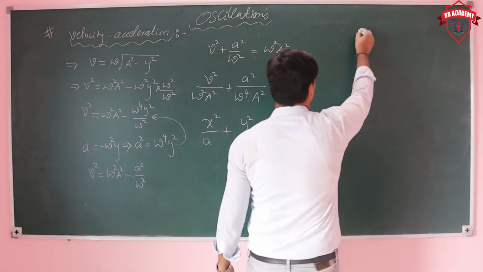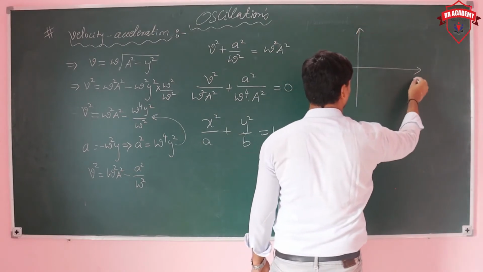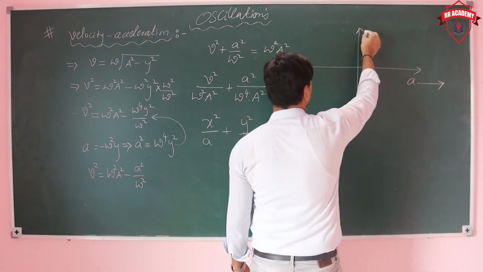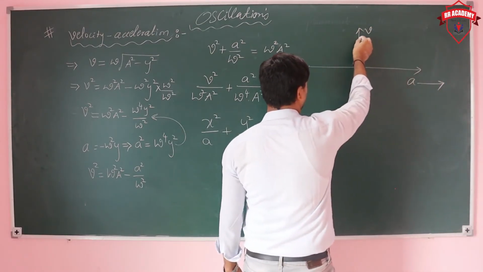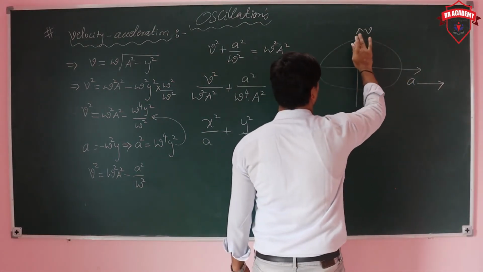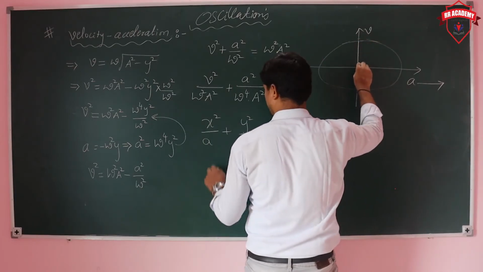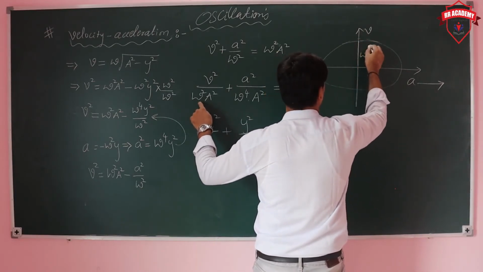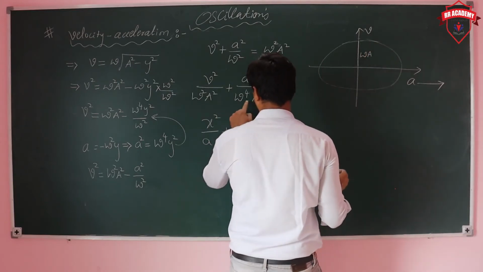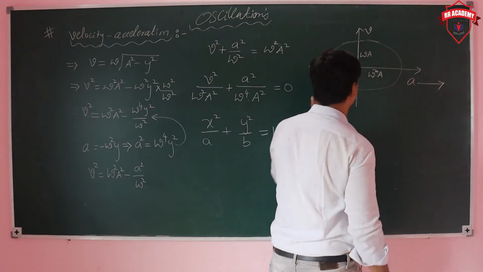So I'm taking acceleration on the x-axis and velocity on the y-axis. Then you can get the graph like this, an ellipse. So what is this value? This is omega a, and that is omega square a.